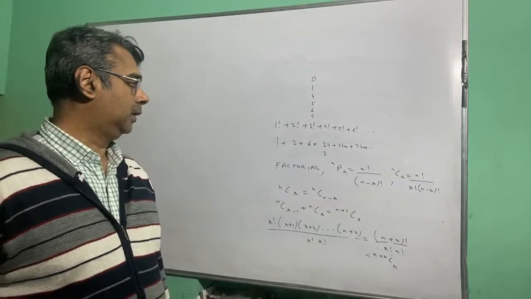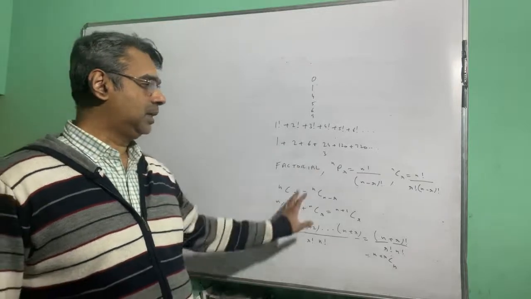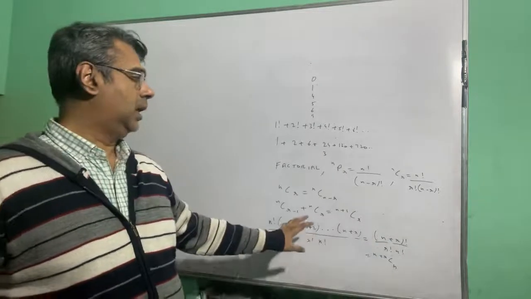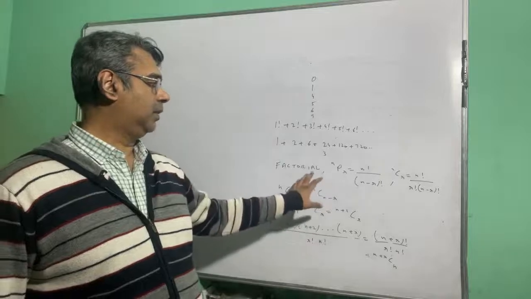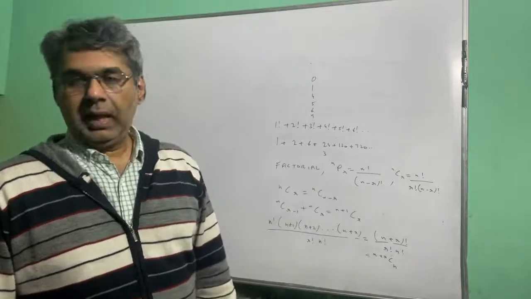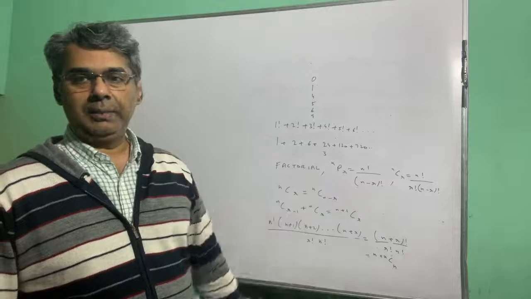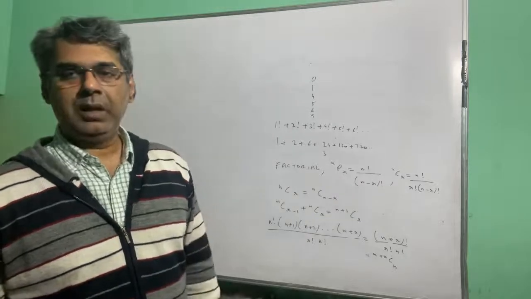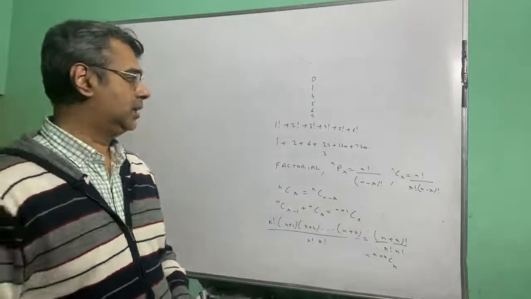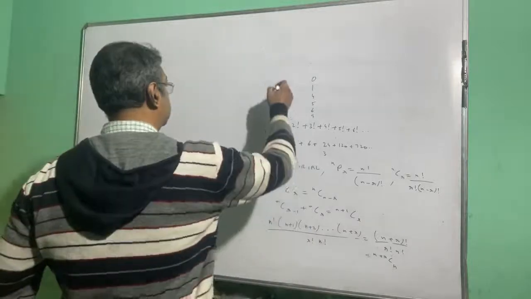So these are the main theories and the formulas related to factorial, NPR and NCR. And related to NPR, there is a very famous sum which has come in different exams.